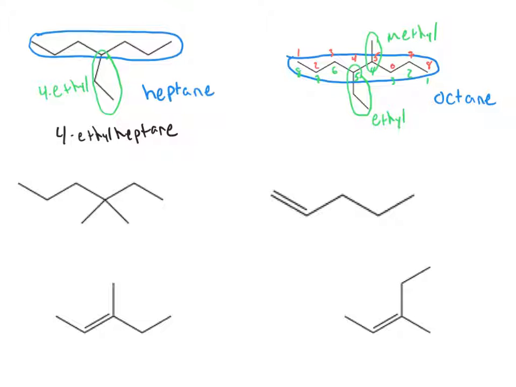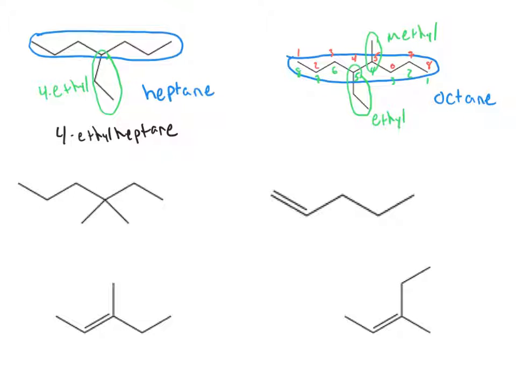This would leave us with 2 options. We would either have 4-ethyl, 5-methyl, or 4-methyl, 5-ethyl. We will always write our substituents in alphabetical order. And so we will always write ethyl before methyl.